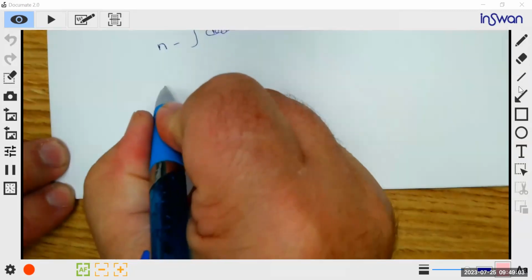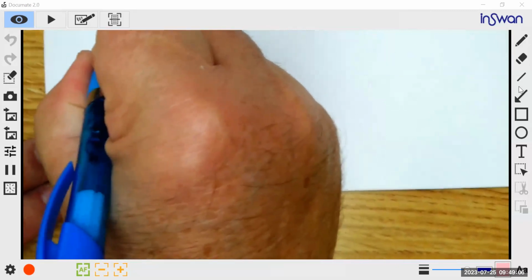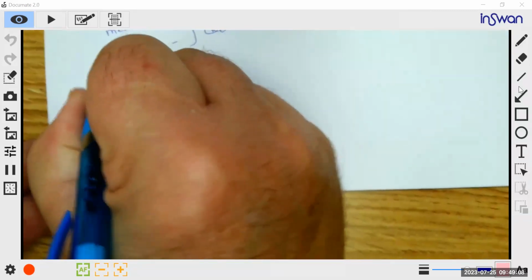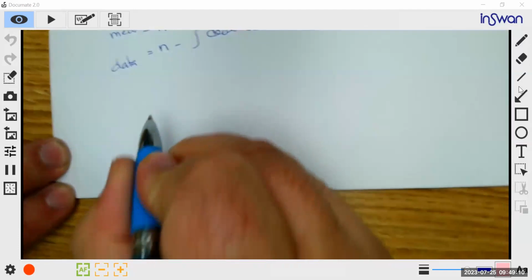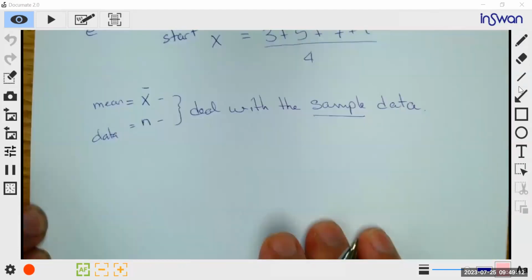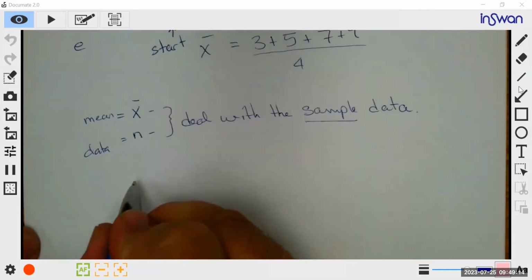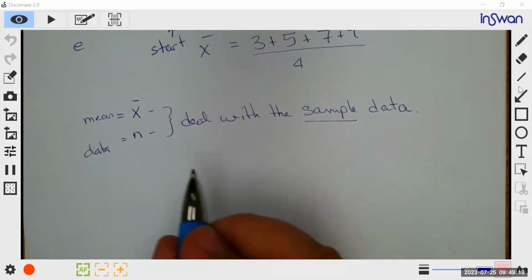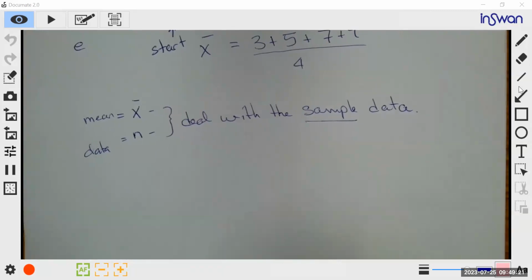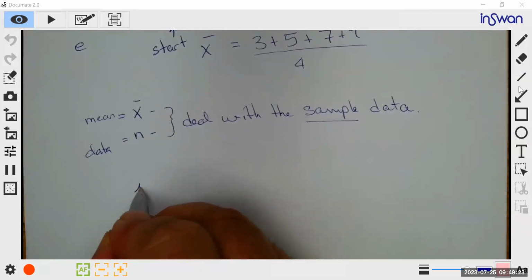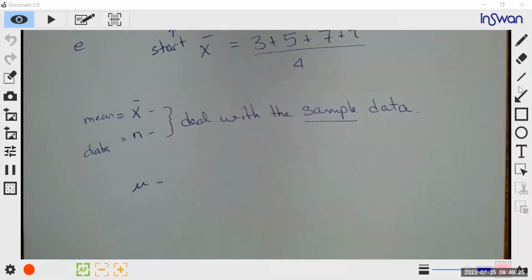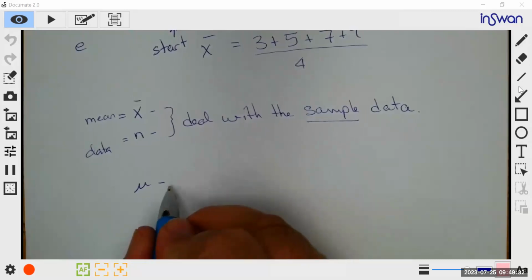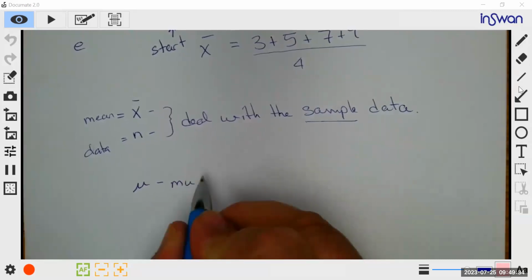So this is the mean, and this is the data. When we deal with population, we deal with mu. This is called the mu value.